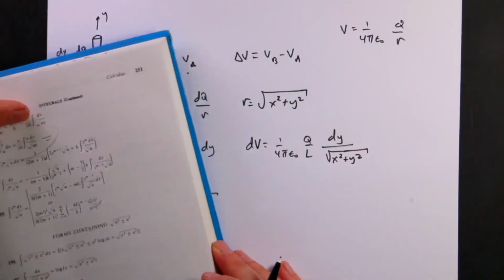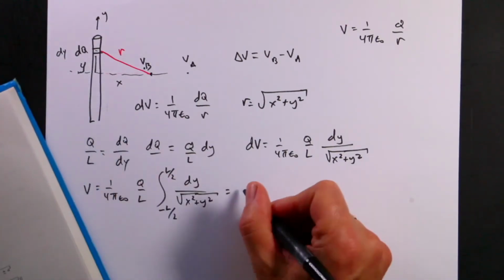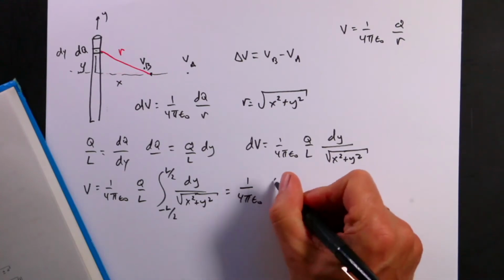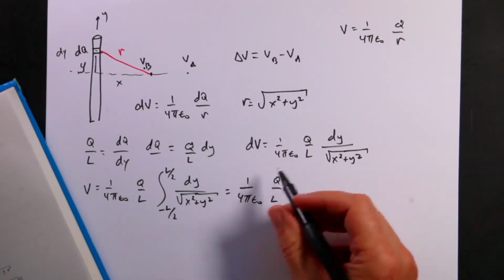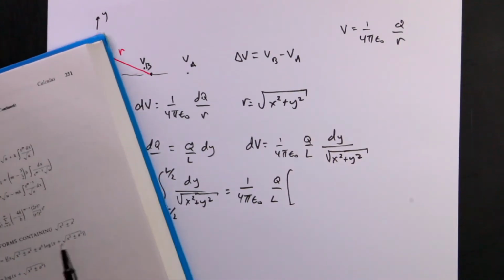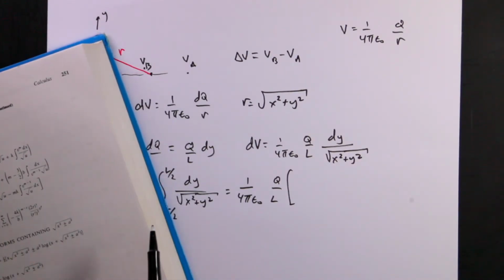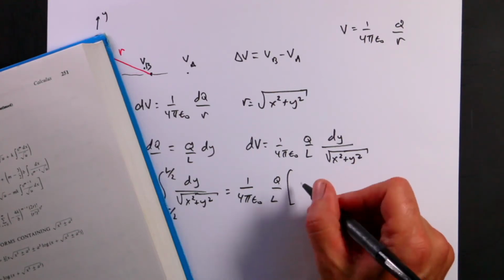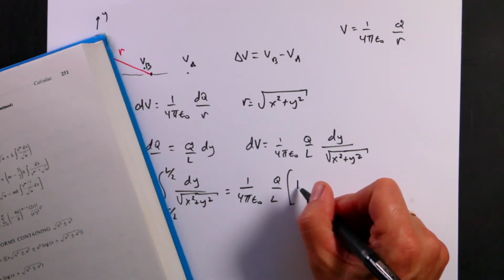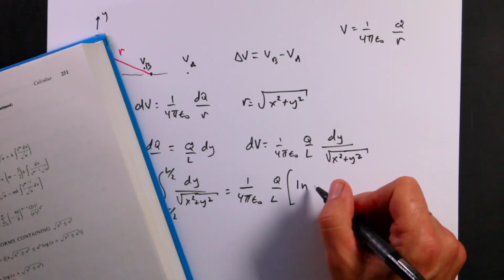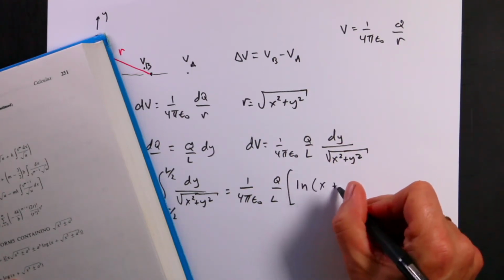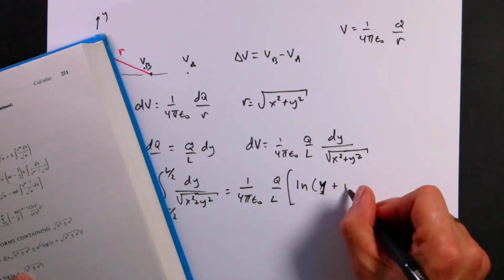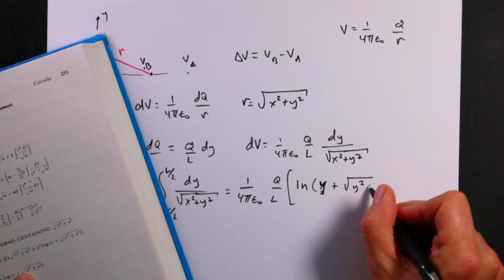So this is equal to all my constant stuff, 1 over 4 pi epsilon naught q over L. Now I have to evaluate the limits. The integral of 1 over the square root of x squared plus a squared is equal to the natural log of y plus the square root of y squared plus x squared.